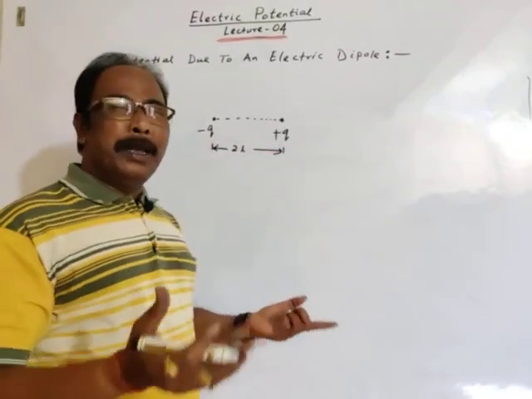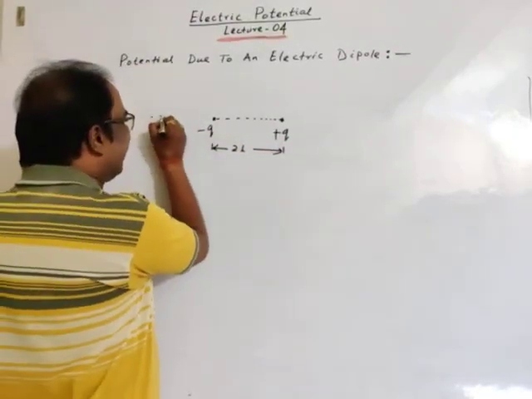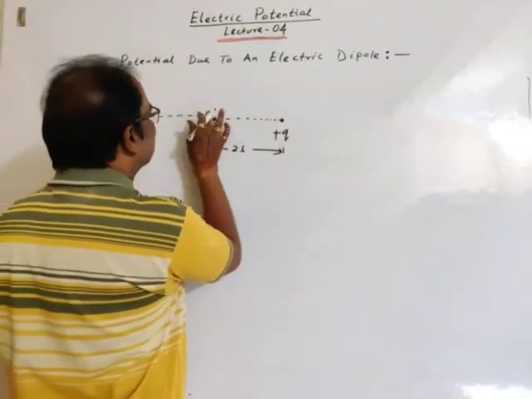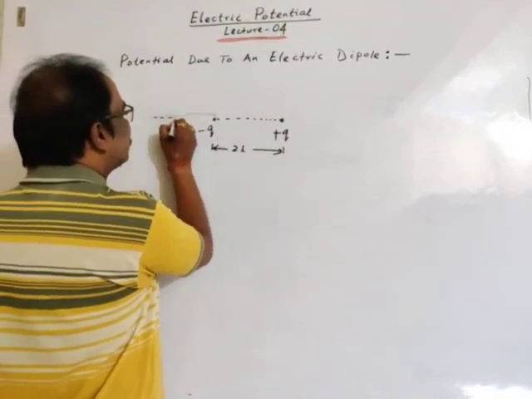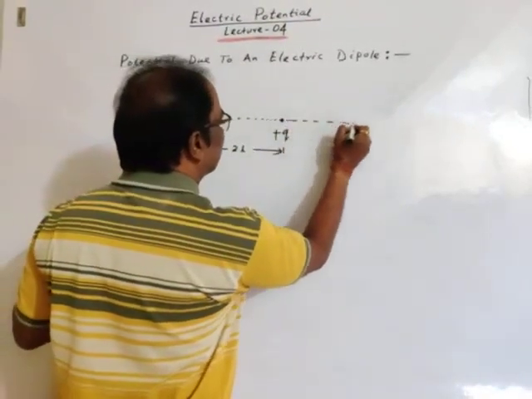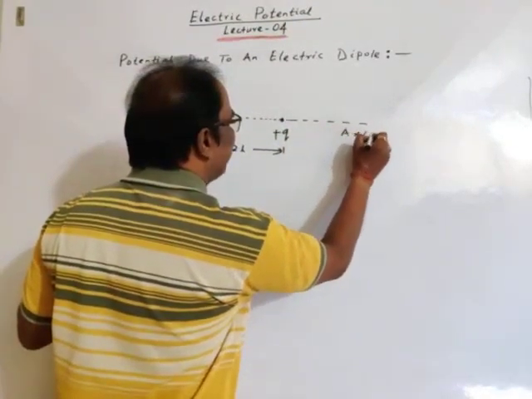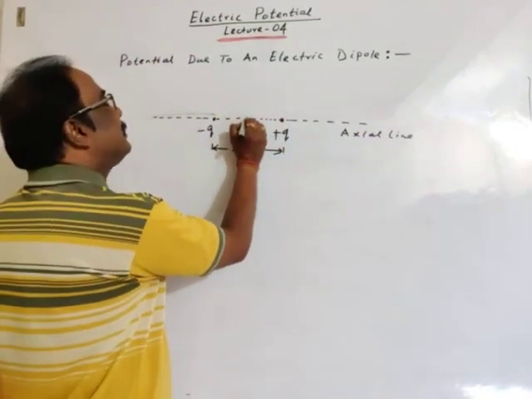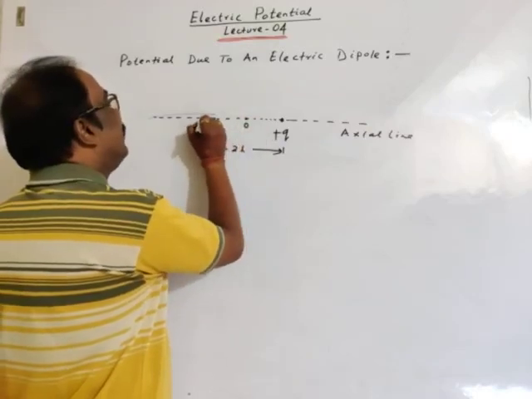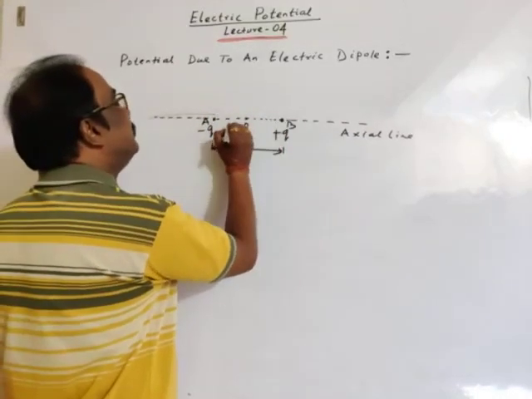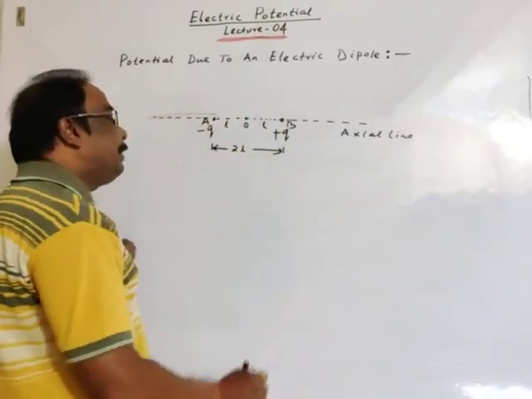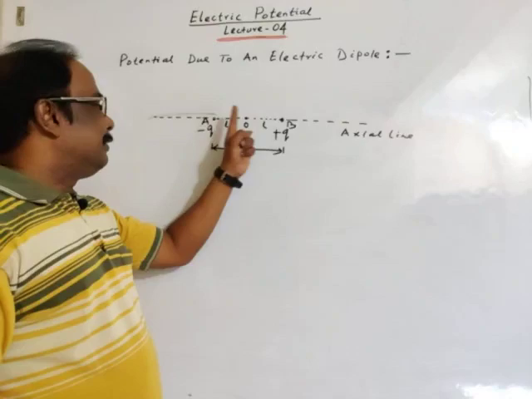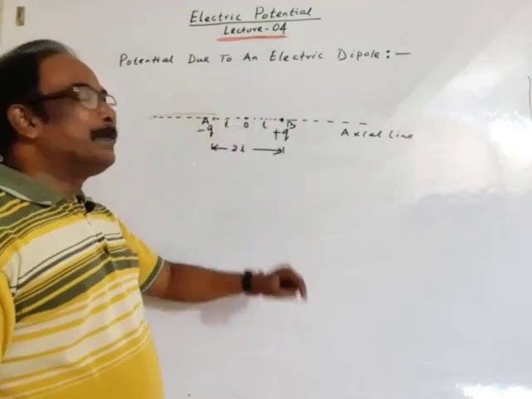As we have discussed, the straight line joining the charges is the axial line, or axis of the dipole. This is the center of the dipole, O. Let this point be A and this point be B. Then OA is L and OB is L. This is the center point of the line joining the two charges.